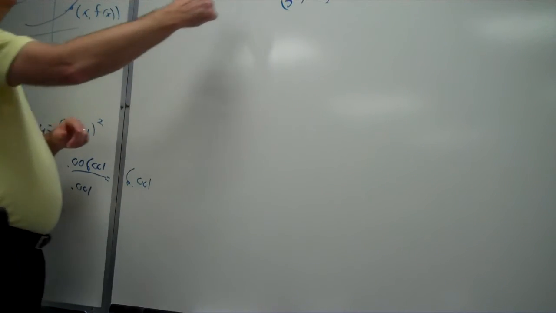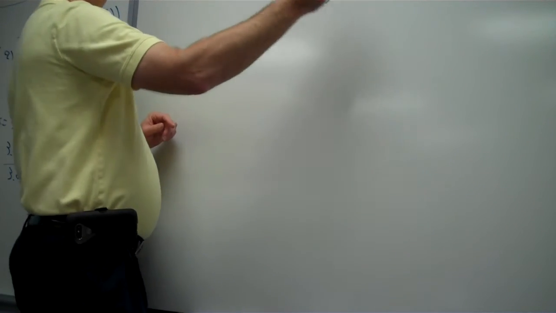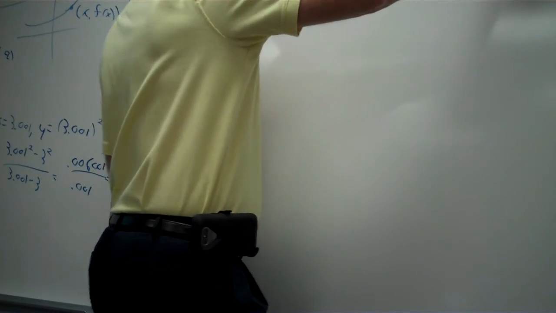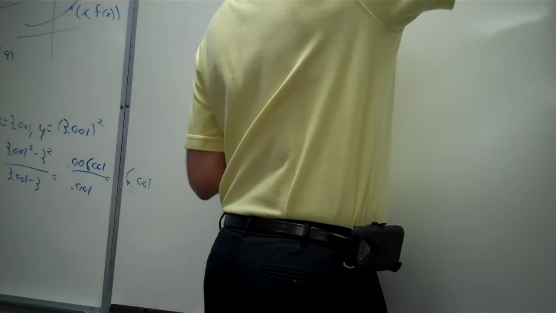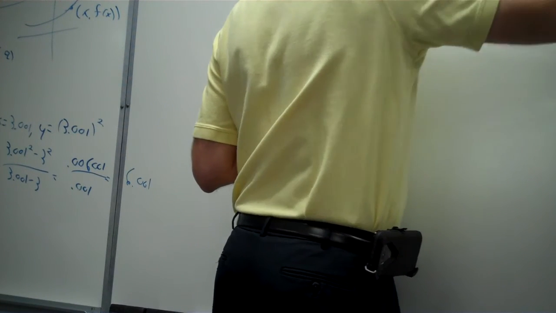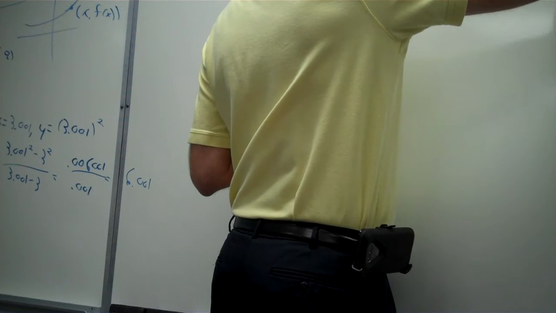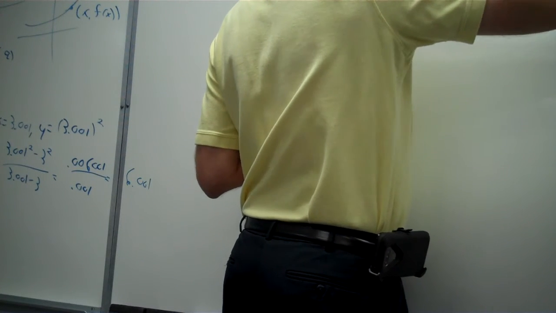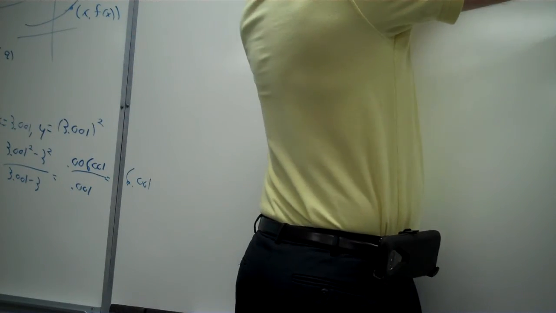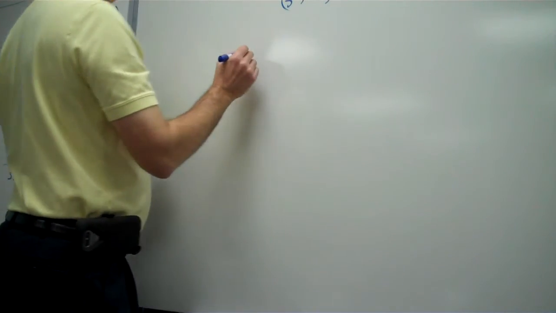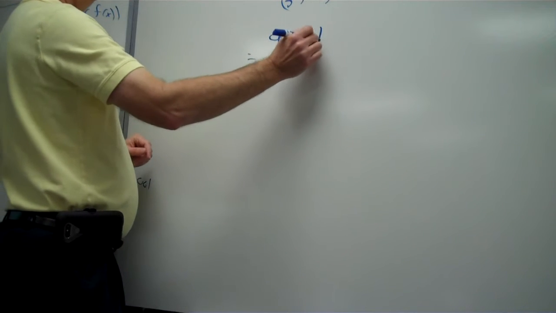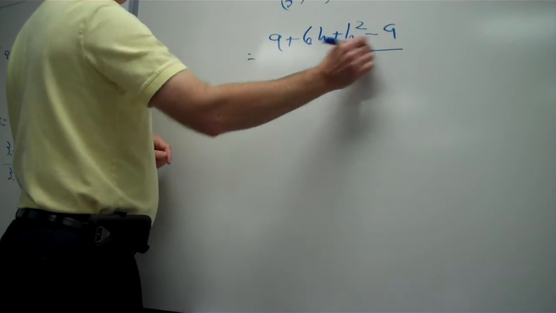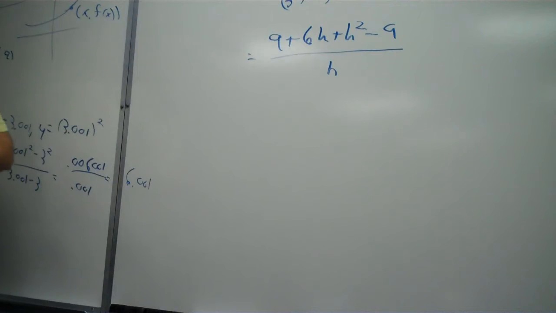So let's see, 3 plus h squared. 3 plus h times 3 plus h, we get 9 plus 6h plus h squared. First terms, outside, inside, and last. Now our hope is, as we plug in h, a lot of things simplify.